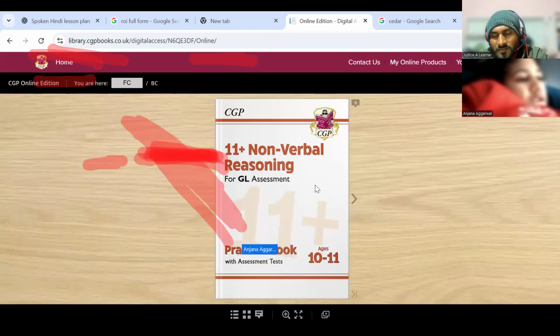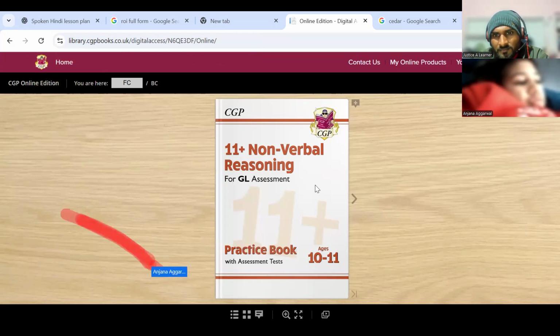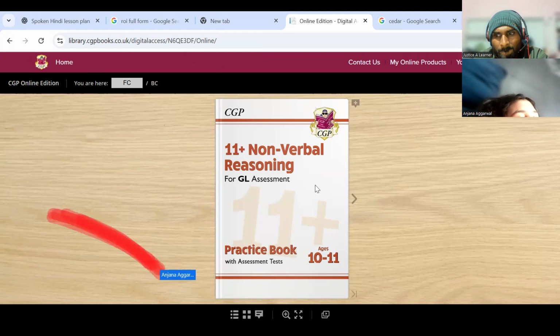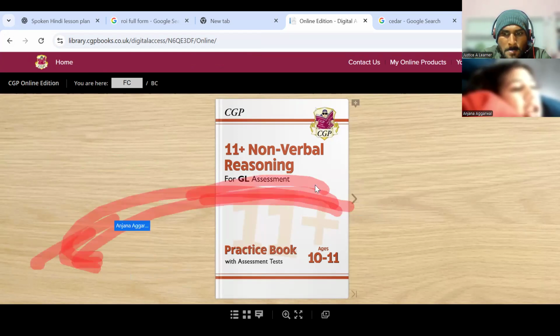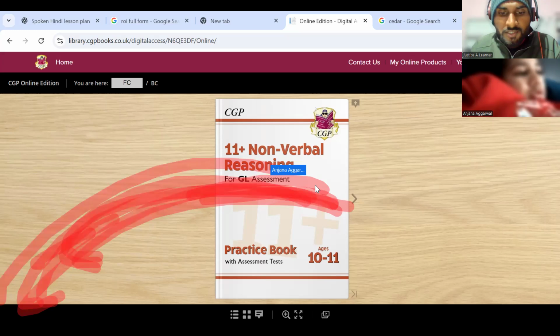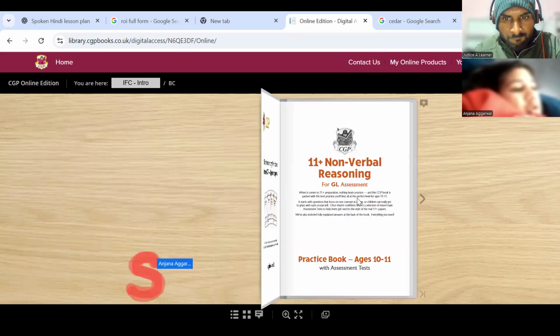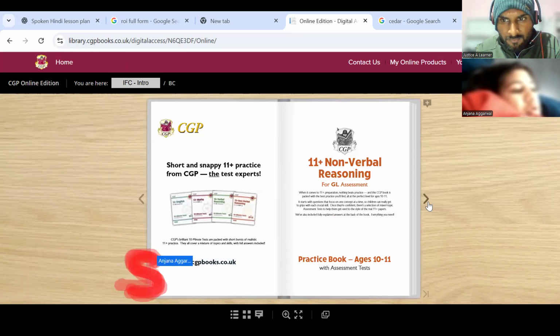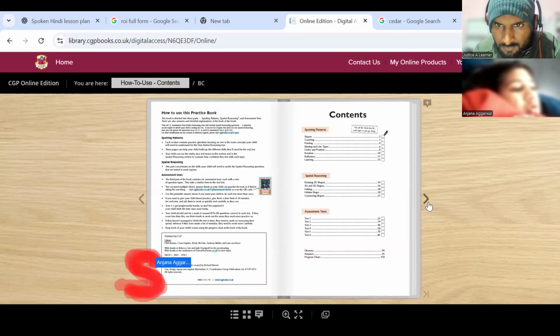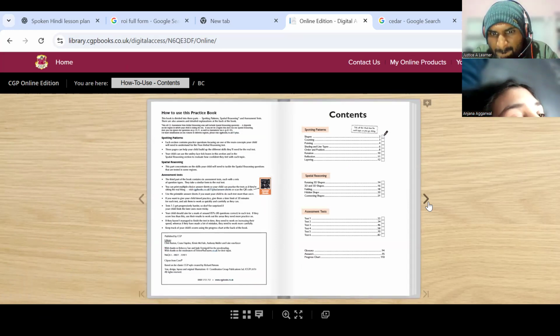Yeah, so which test paper were we doing? I know which one it is, but I don't know what page it is. Okay, for sure. Shapes. Now you can just get to know from this content. Let me zoom in. This one.